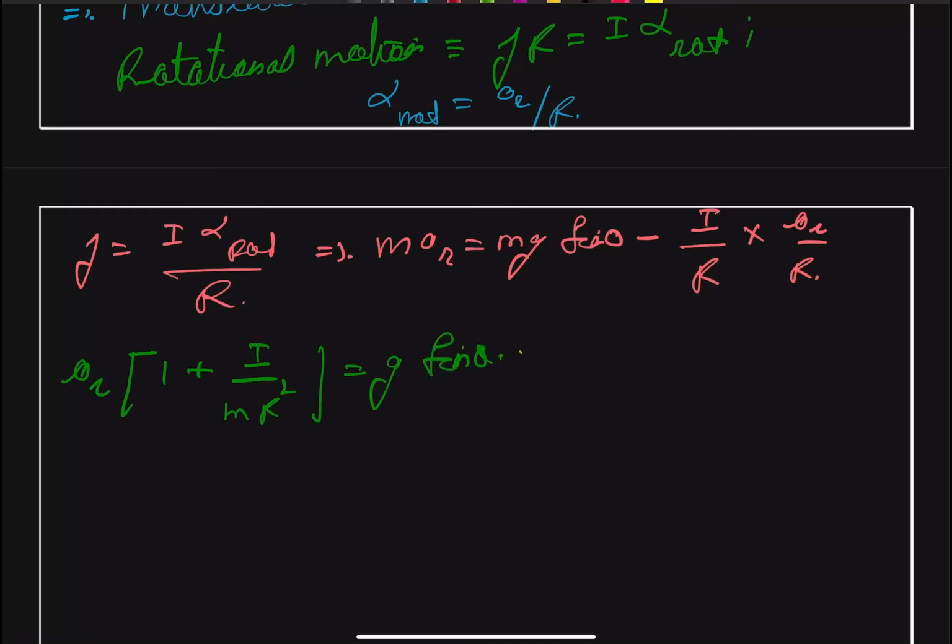Therefore we can say that a_R will be equal to g sine of theta divided by 1 plus I upon m r square.